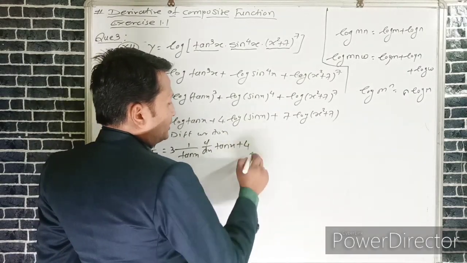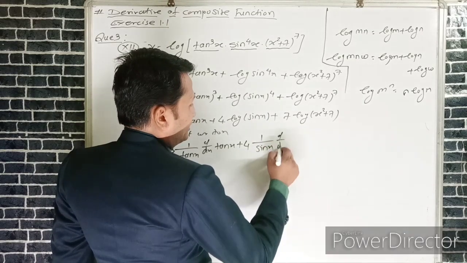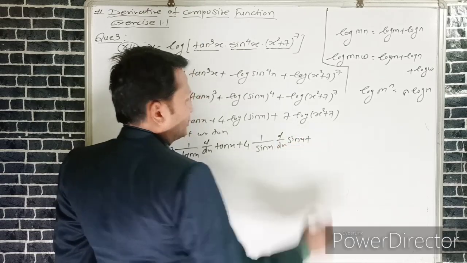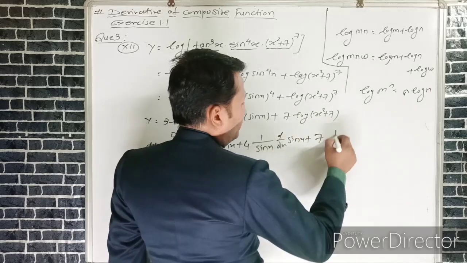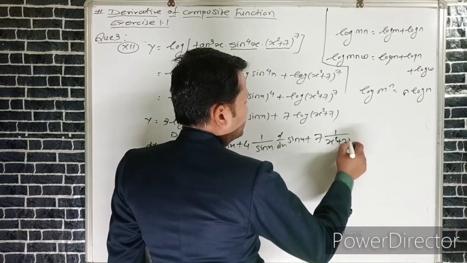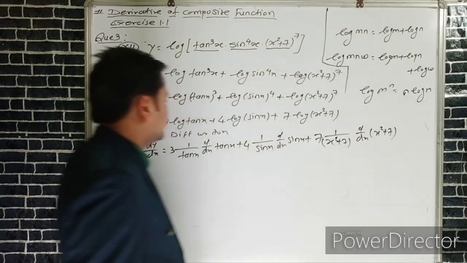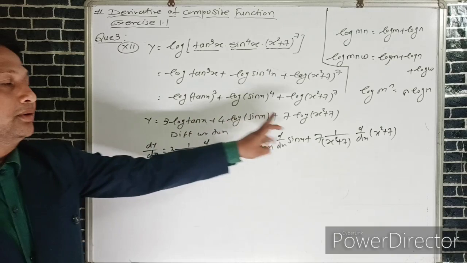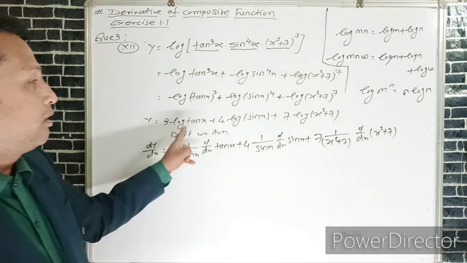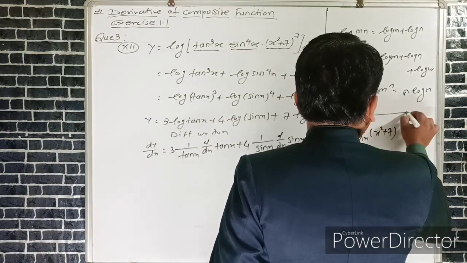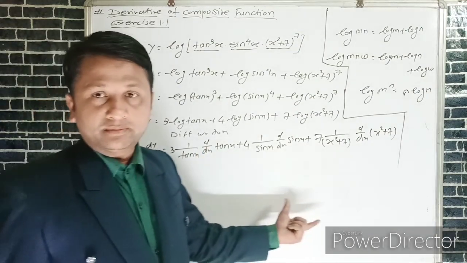The derivative of log of sin x is 1 upon sin x into the derivative of sin x, plus 7 is constant, and the derivative of log of (x squared plus 7) is 1 upon (x squared plus 7) into the derivative of (x squared plus 7). Hence, we can take a separate derivative of all these three functions. By using the derivative of log of f(x), we can write the derivative of log f(x) equals 1 upon f(x) into the derivative of f(x) again.